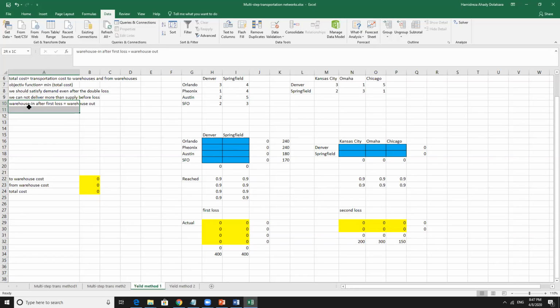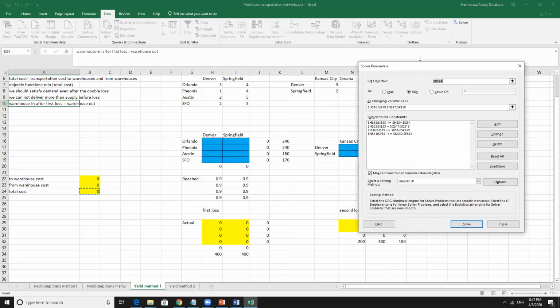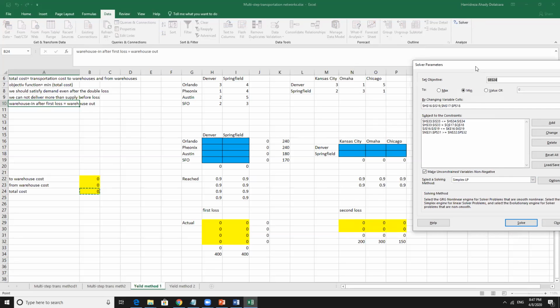Warehouse in after the first loss should equal warehouse out. So whatever gets to your warehouse, after being affected by 10%, should equal whatever you send from your warehouse. If I go to Solver, look at the first constraint, H33 to I33.